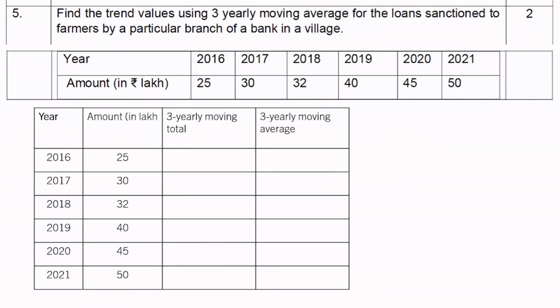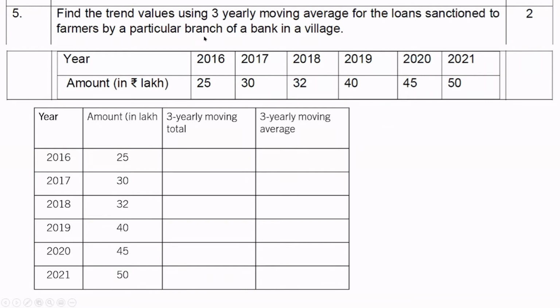Next question. Find the trend values using 3 yearly moving average for the loans sanctioned to farmers by a particular branch of a bank in a village. So for various years 2016, 17, 18, 19, 20 and 21, the amount of loan sanctioned in lakh rupees is given: 25, 30, 32, 40, 45, 50.